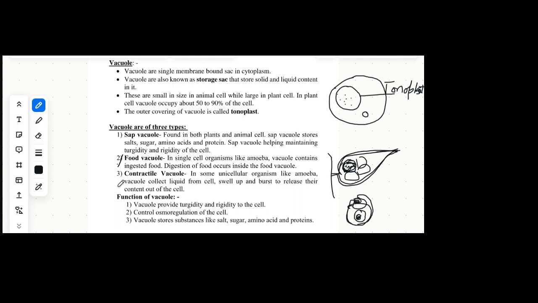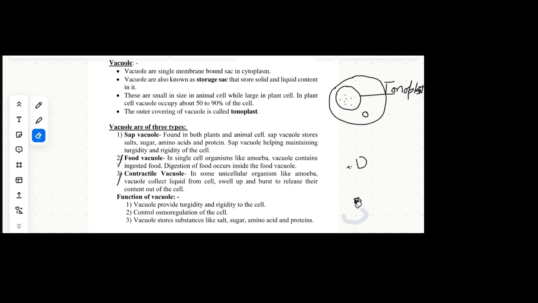Third type of vacuole is the contractile vacuole. Now, what is contractile vacuole? One second, I will erase all my drawings, right? Okay.